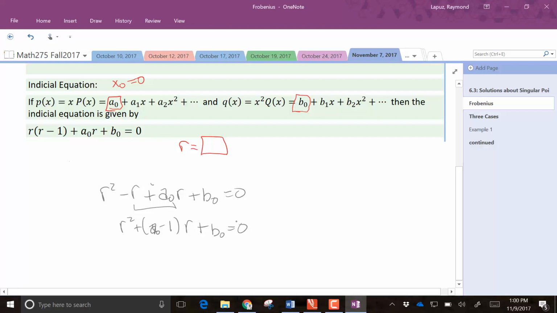And then we do the quadratic formula, so negative b plus or minus the square root of b squared minus 4ac, over 2a.